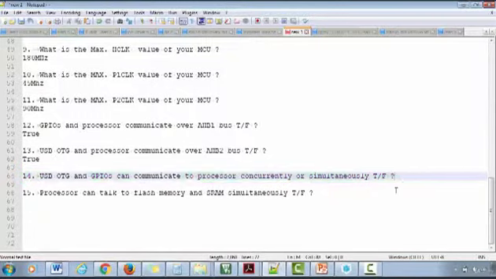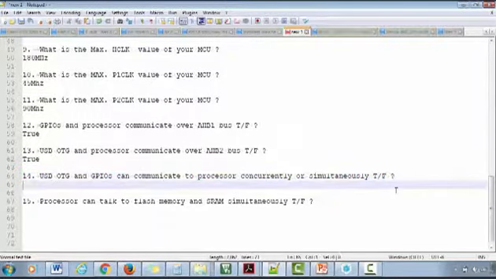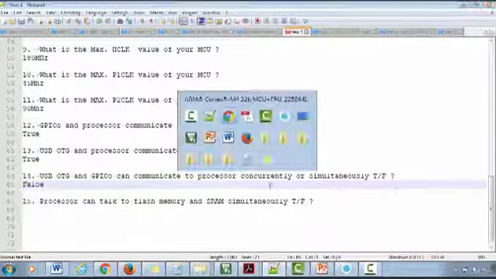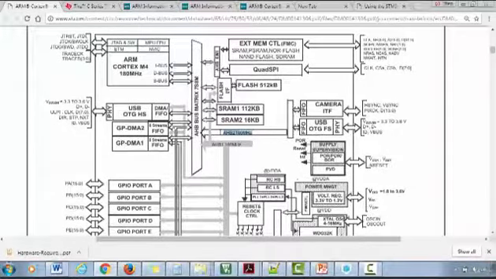So my answer would be false, because it has to be serialized, right? So this one and this one, even though they are connected to different AHB buses, the moment they want to talk to the system bus, the bus matrix will serialize the access. It's not possible to communicate simultaneously.